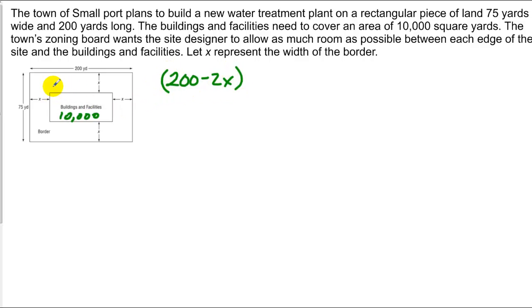That would be this length here. And then if I wanted this dimension, that would be 75, and take x from here and x from here. So this is 75 minus 2x. And the product of those two would be a length times a width, which would give me an area of 10,000.